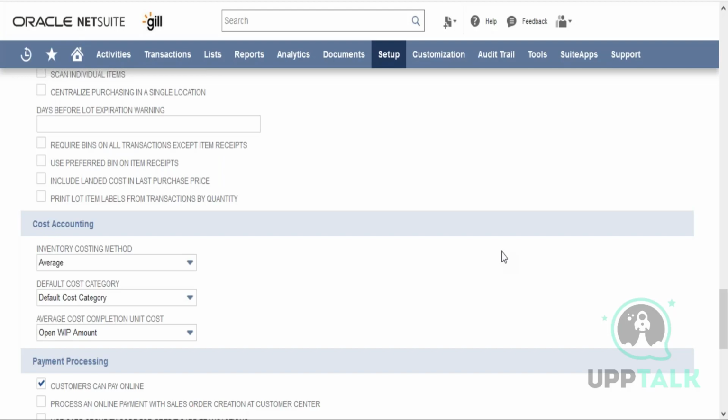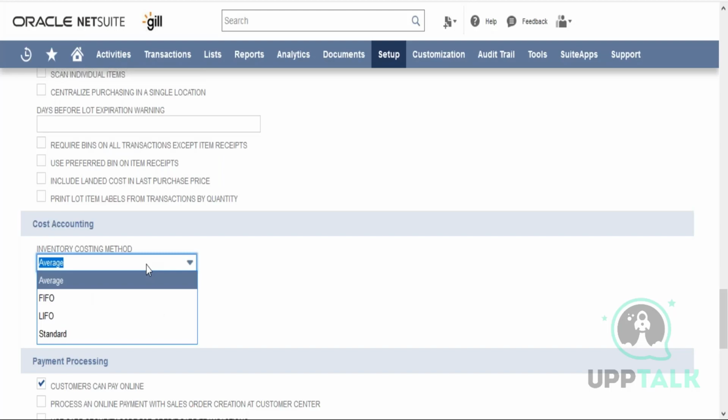This is generally used where the price of raw materials varies on a day-to-day basis. Do you get that? Yes, no issue. So do you get what the costing methods are? Yes. Average, FIFO, LIFO, and standard.